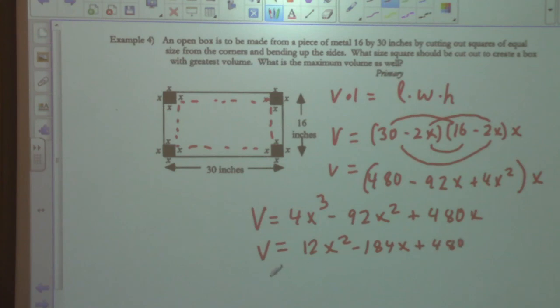Okay, if we set this equal to 0, we would have it, right? So we know 12 is factorable, all these things. So 12 times x squared, and what's 184 divided by 12? 12 goes into 64 how many times? 1, 2, 3, 4, 5?